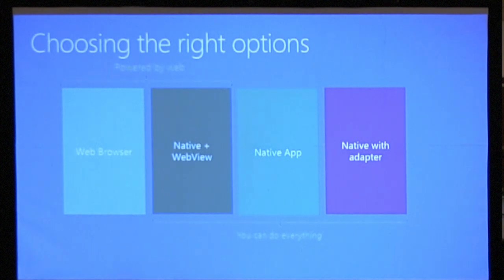So when you look at the options that we've provided as part of the Universal Windows Platform, you can actually take your skills using HTML and JavaScript, or your skills plus, and you can develop an app using those skills.